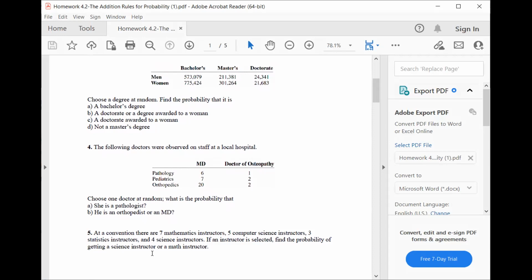So you're just going to add them up. So let me write this down. This is 573,079. And then we have 211,381, and then we have 24,341.